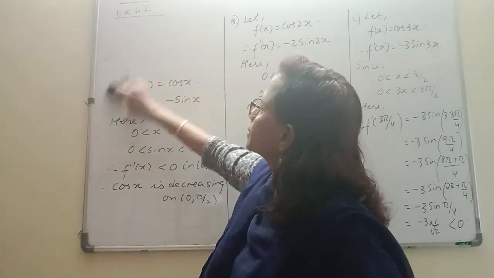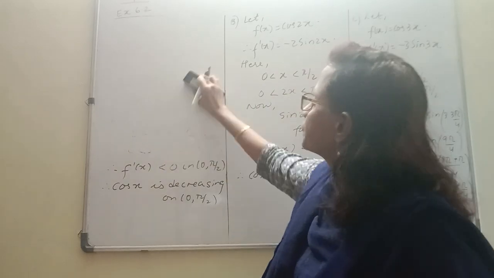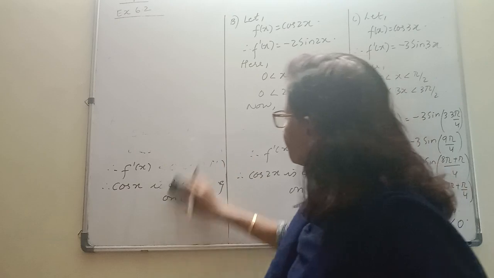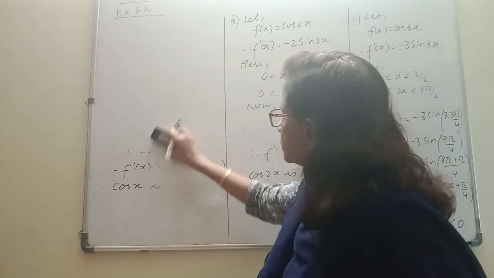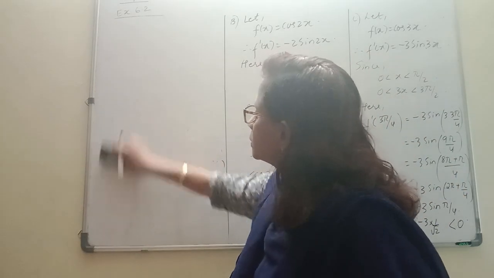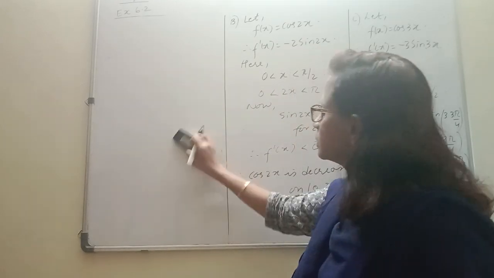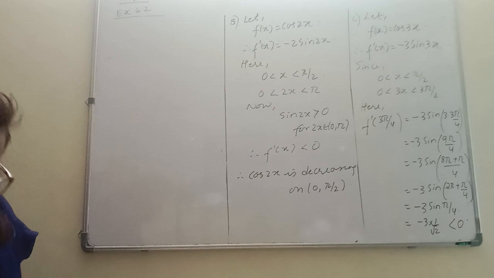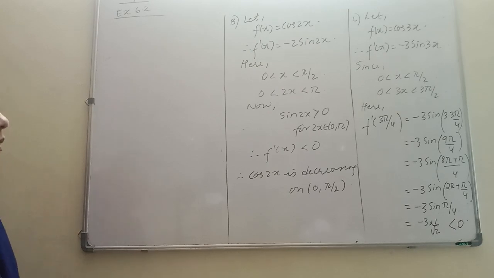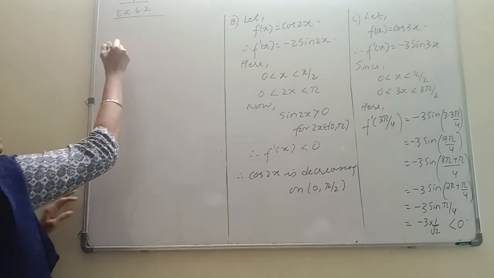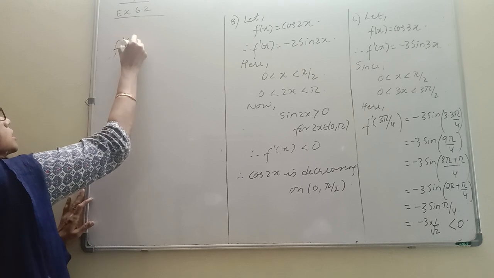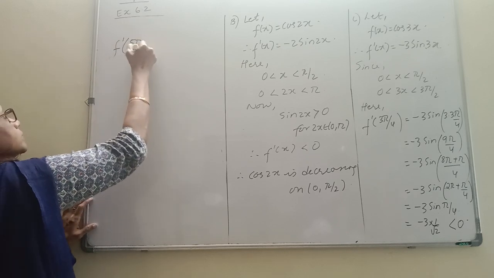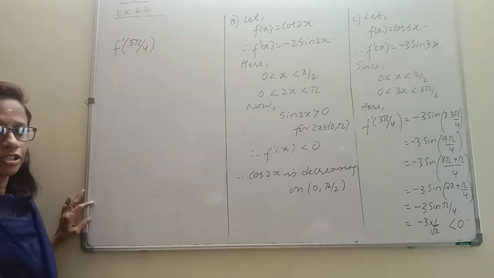So let's take f dash maybe at 5 pi by 4. Actually, it's in the third quadrant.